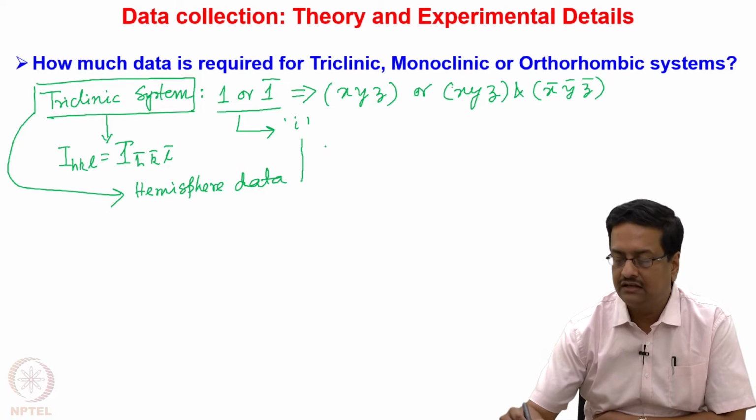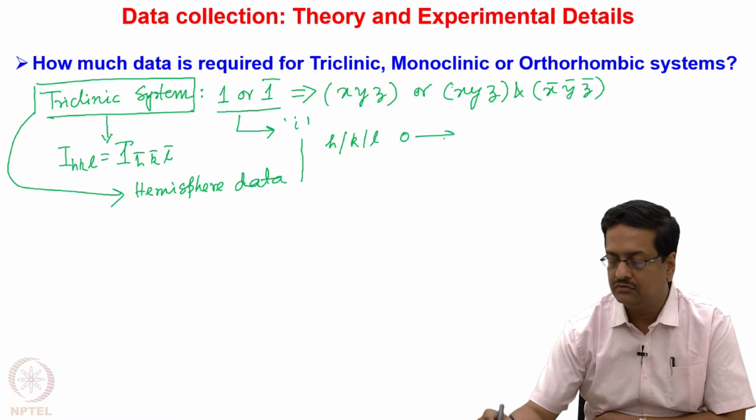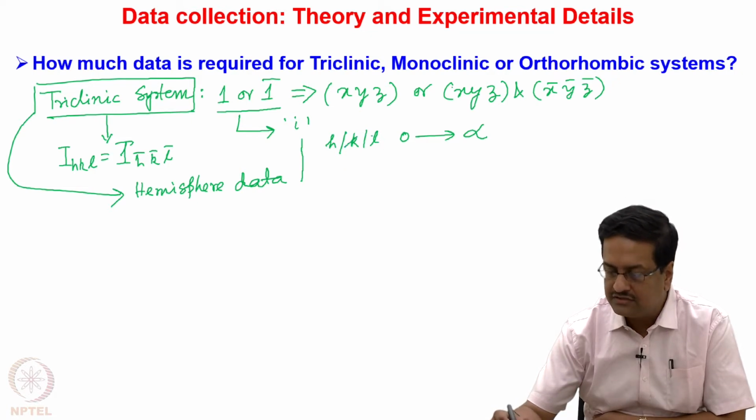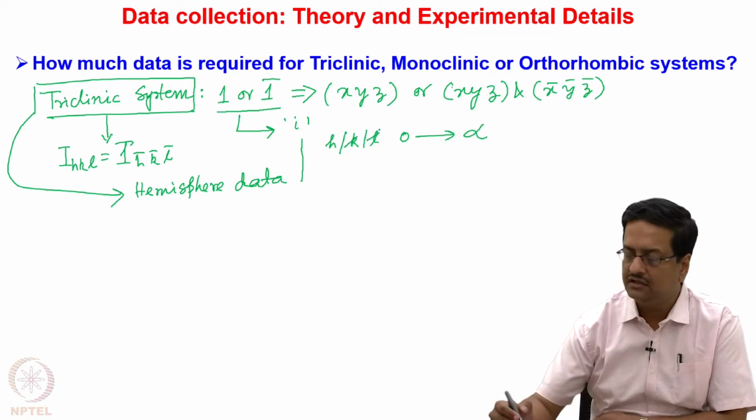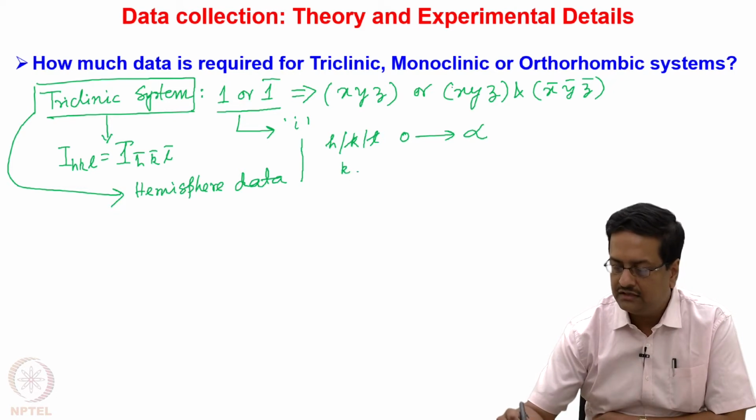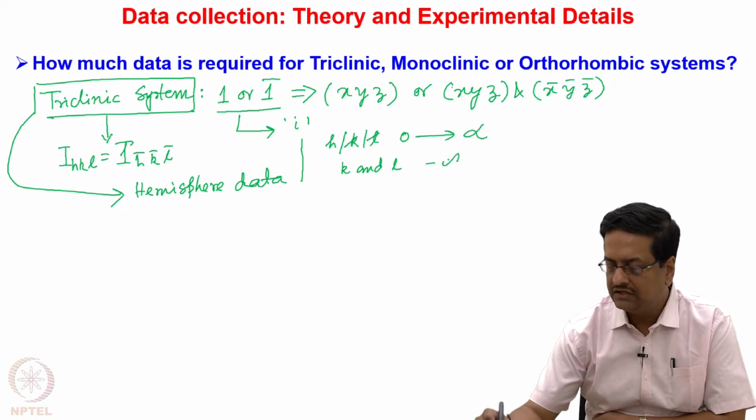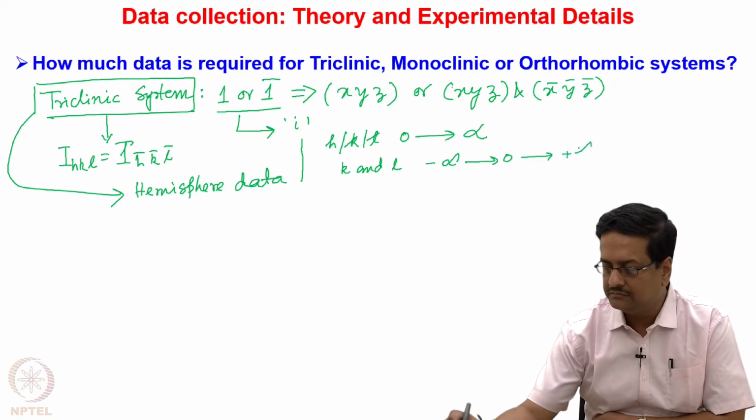So, in case of triclinic, either H, K or L should run from 0 to infinity. Suppose H is running from 0 to infinity, then K and L will run from minus infinity through 0 to plus infinity.